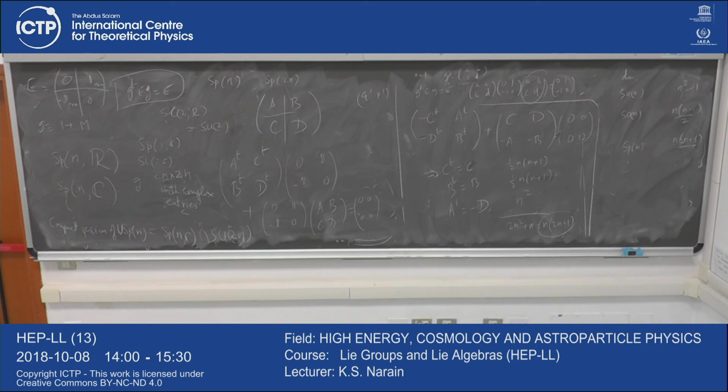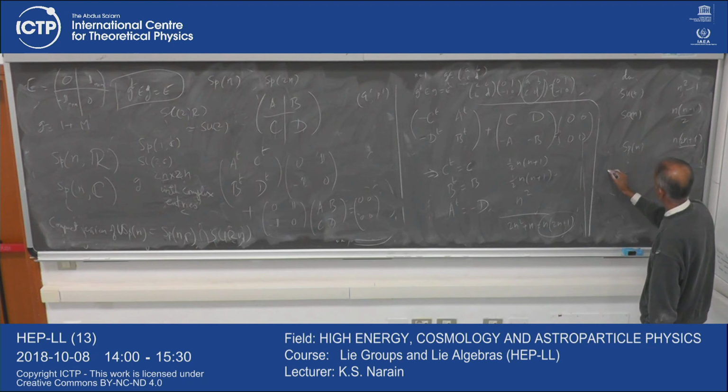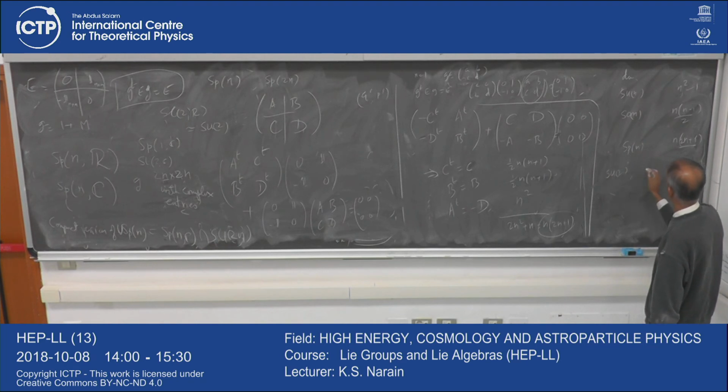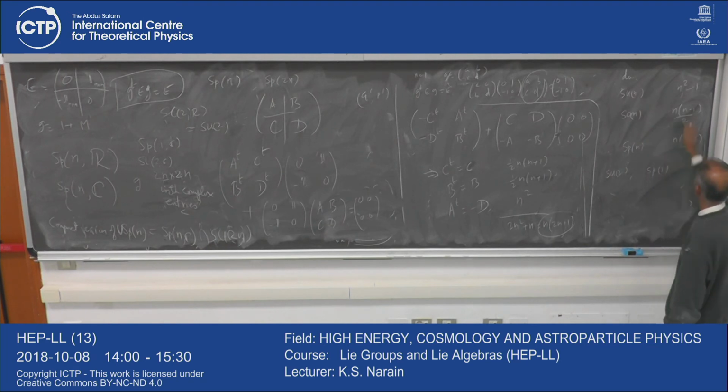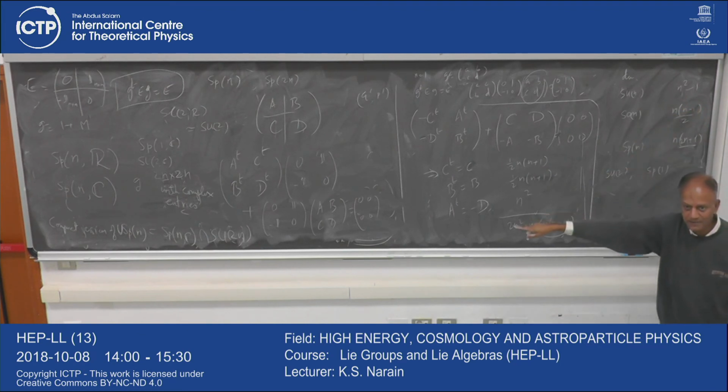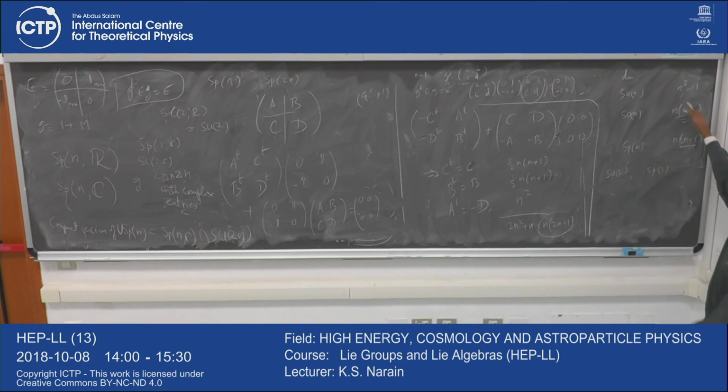That is Sp(N). Now you can see that we already saw for n equal 2, SU(2) and Sp(1) have the same dimension. N equal to 2 here is 3, and n equal to 1 here is 1 times 3, so 3.